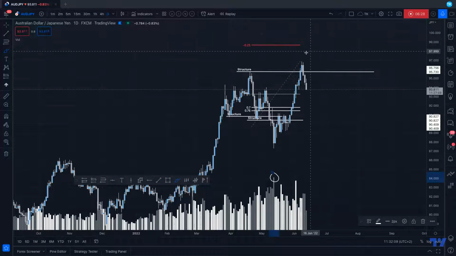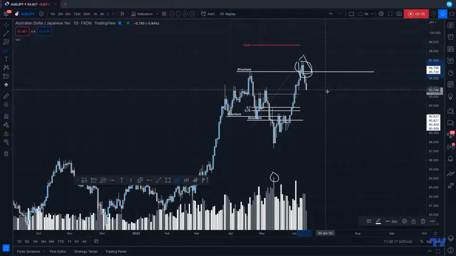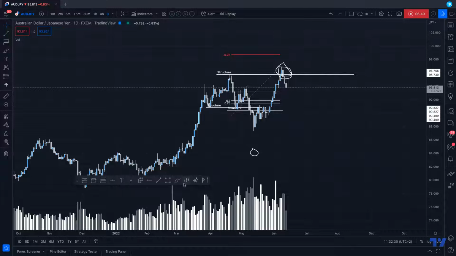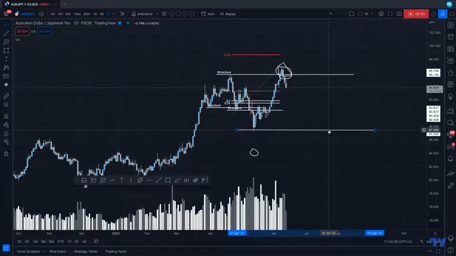Price has now grabbed another liquidity here and made a huge engulfing. So what we are going to do is wait for a clear and definitive break of this structure.